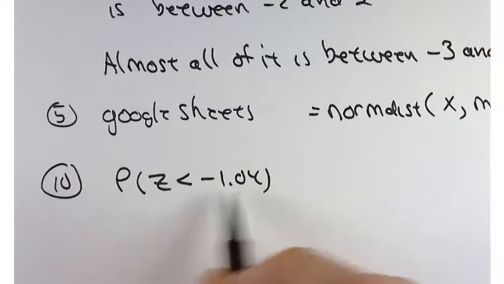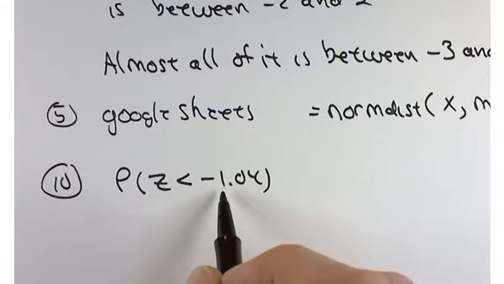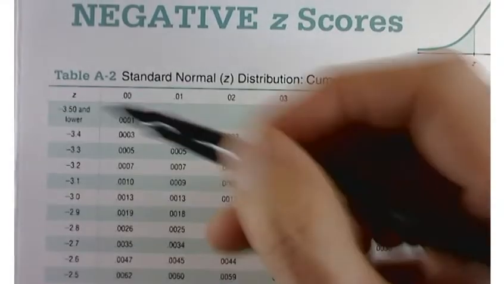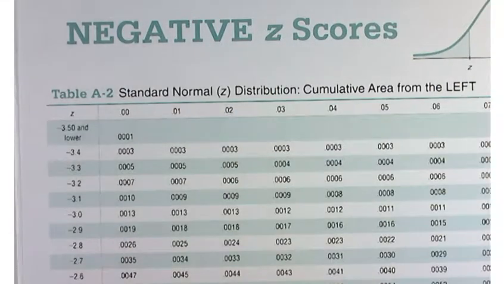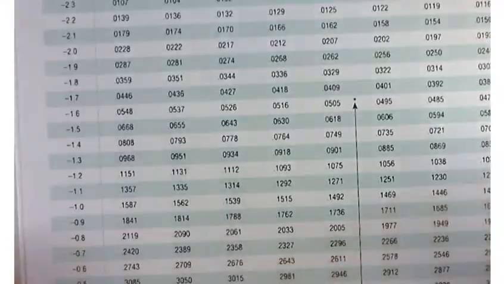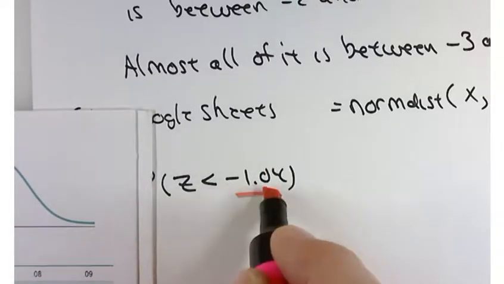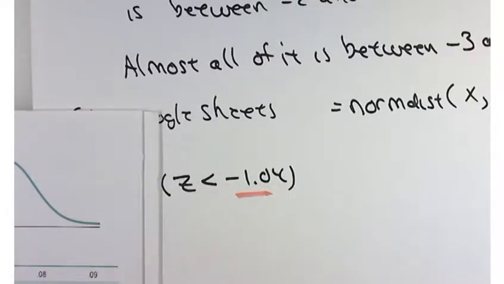Now you're going to see 2 digits right here. The first one to the left of the decimal and the first one to the right of the decimal. That's going to comprise your columns here. So you want to go down till you find that first part, 1.0. So that's going down. You pick up that next digit by going across.